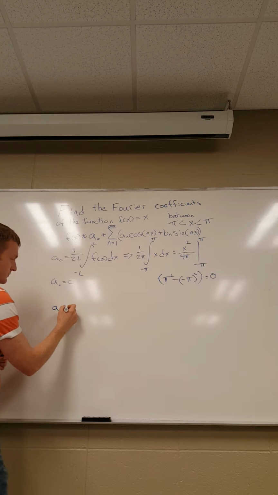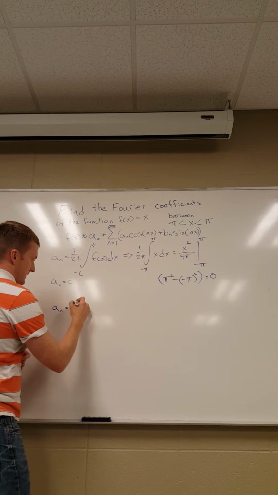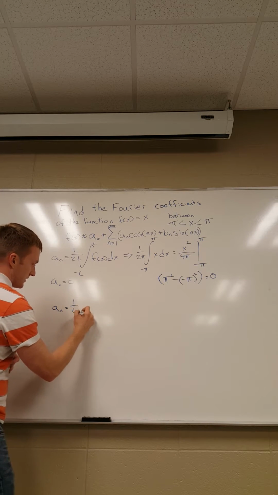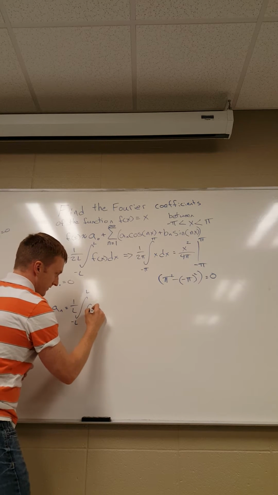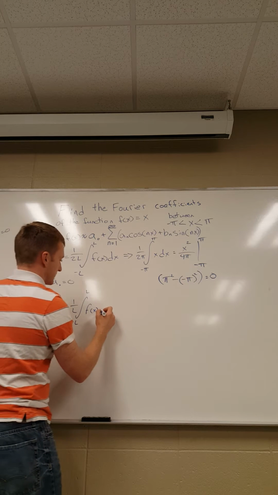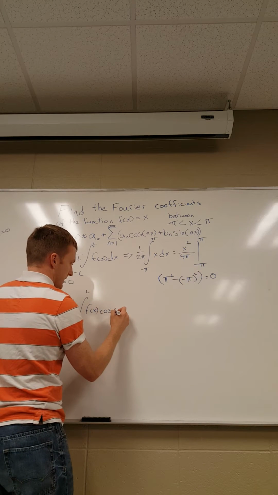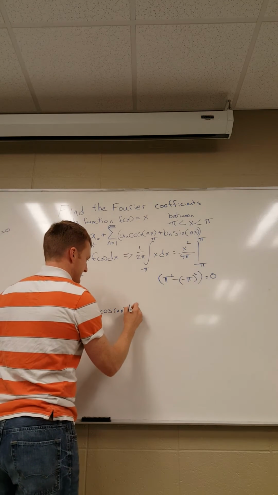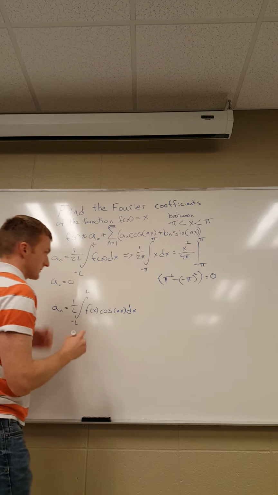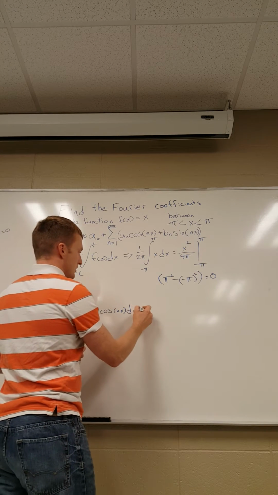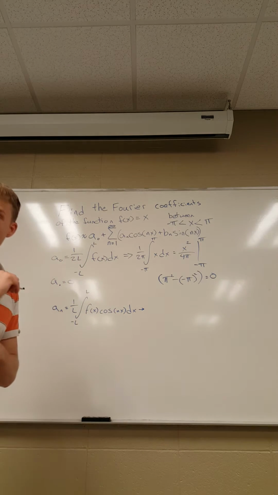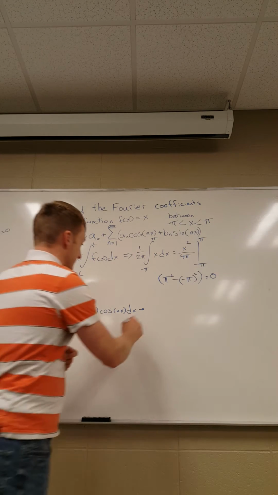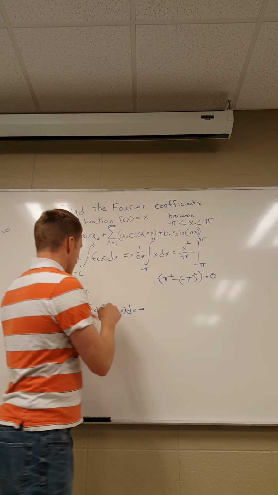A sub n is what we need to find next, given the formula 1 over L, between the interval negative L to L, of f of x cosine nx dx. Using trig tables, we won't use it yet.